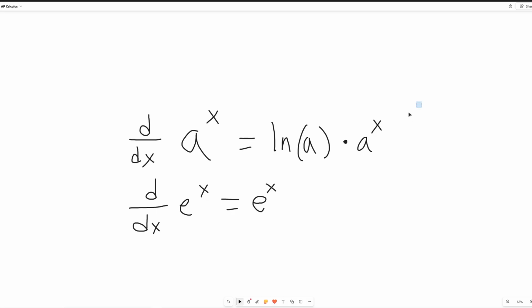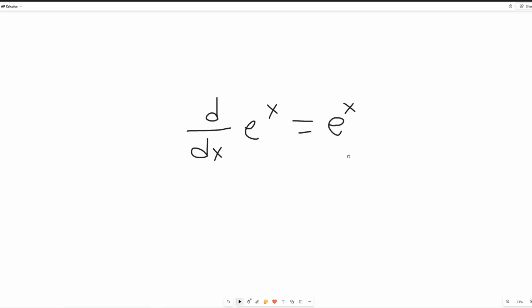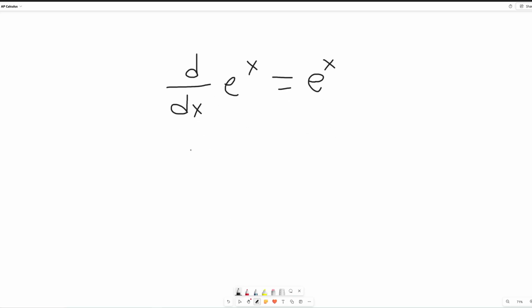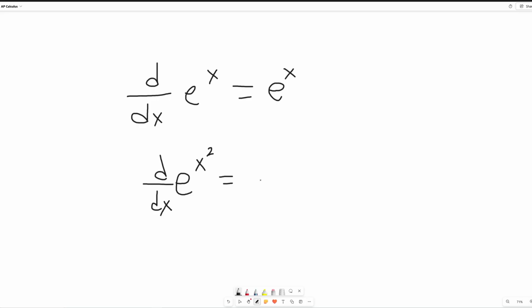And for these functions, the chain rule can be applied, as well as product, as well as quotient, as well as not power, but the other 3 can be. So, if we have e to the x squared, take a second, think about what that would be. Think about what the inside function is and what the outside function is.